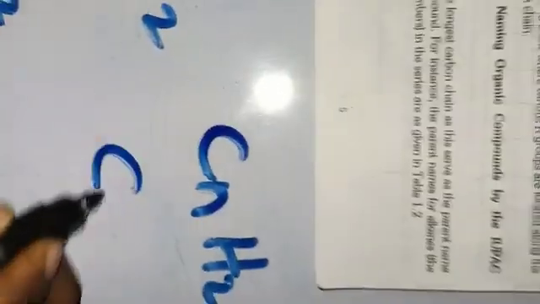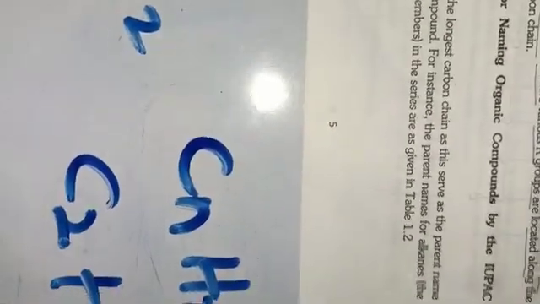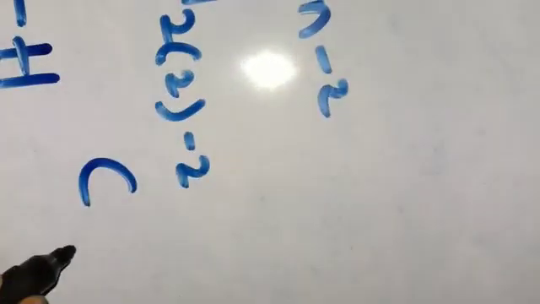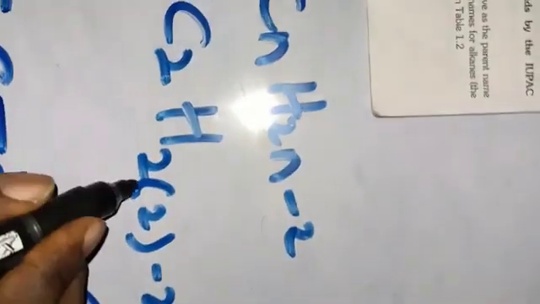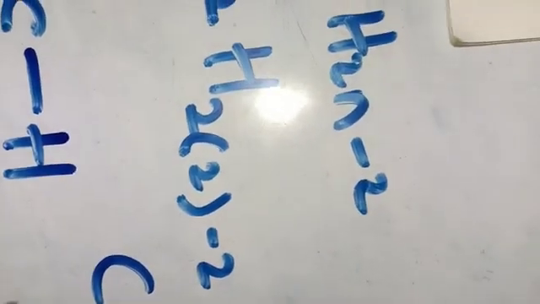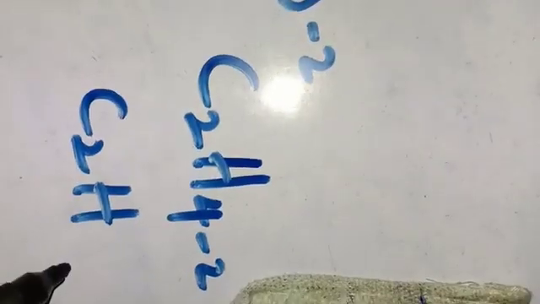I'm going to apply this. You can do it too. If I put 2 here, that will be C2H2, that is 2 times 2 minus 2. That will be C2, this 4, H4 minus 2, and this will be C2H2.